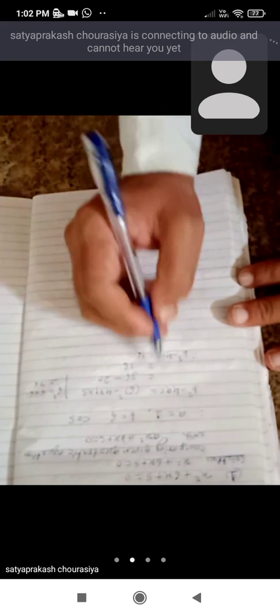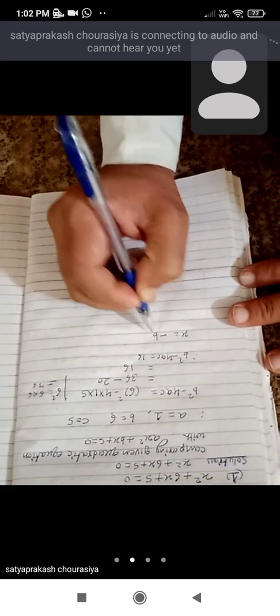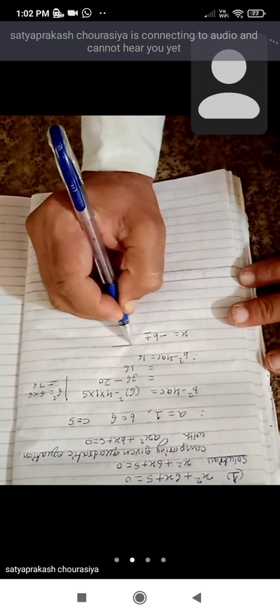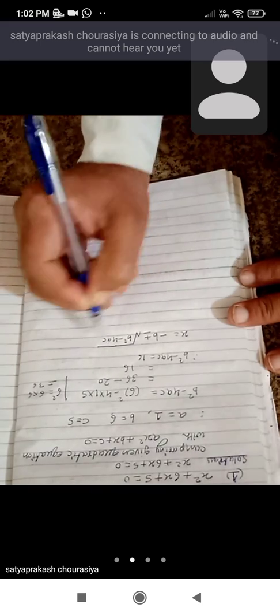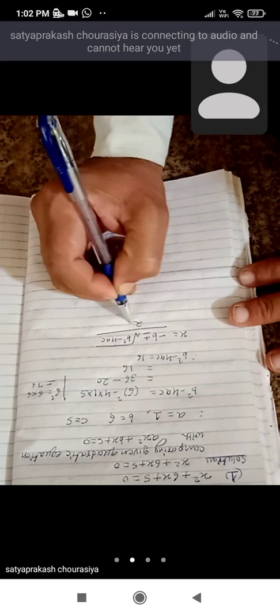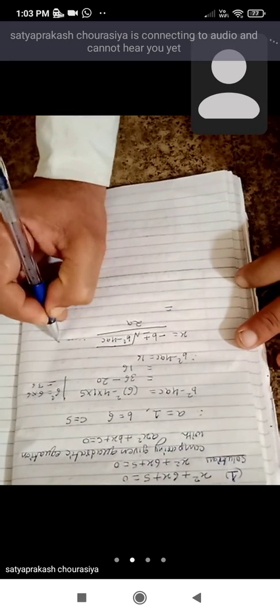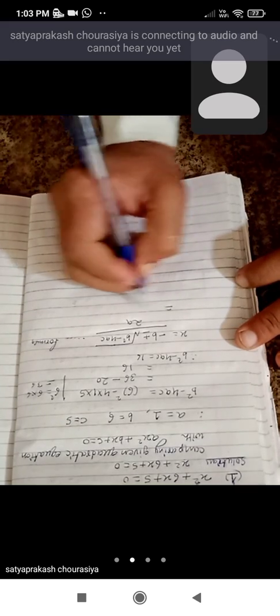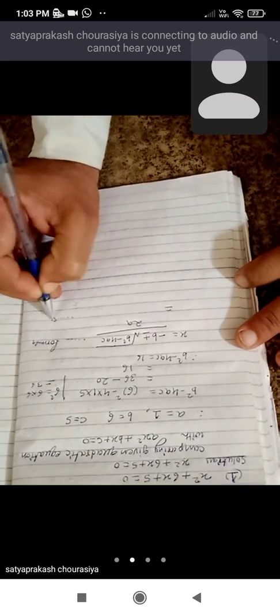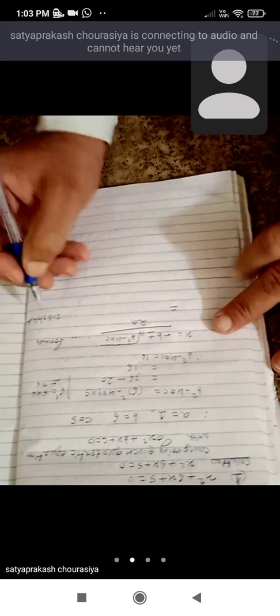Now see the formula. Here the coefficient is x, so x is equal to minus b plus minus under root b square minus 4ac upon 2a. This is the formula, okay, here write down the formula. Now what do you write next? Substituting values.